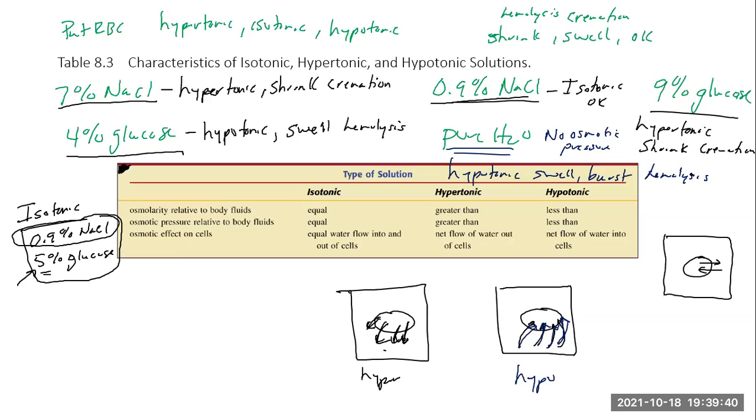In terms of hypertonic, because it's more concentrated on the outside, we get water basically running out of the cell, and that's again why it starts to shrink, and vice versa. In the hypotonic, we get the net water rushing into the cell because the cell is more concentrated than the outside solution.